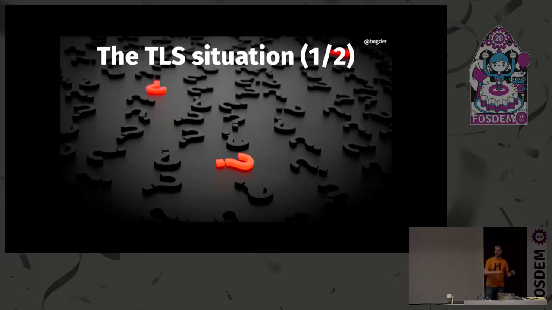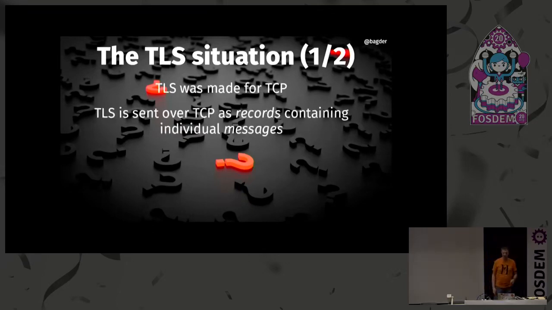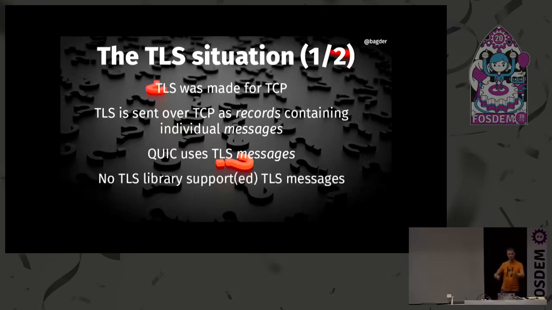This was actually slightly before it became an RFC and everything, but sure, we now have TLS 1.3, but TLS is made to be done over TCP. And now, to just be a little bit technical here, we send records of TLS over TCP, basically. And over QUIC, we send messages, because TLS records contain messages.